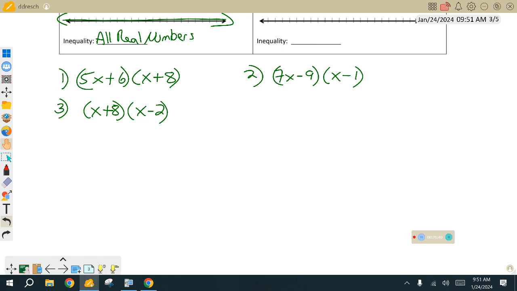Okay? Biggest mistake that I saw was number 4. That's the one with GCF. What I saw on number 4 is some of you brought out a common factor, but not the greatest common factor. 24 and 12. What is the greatest common factor for 24 and 12? Not 4, not 6.